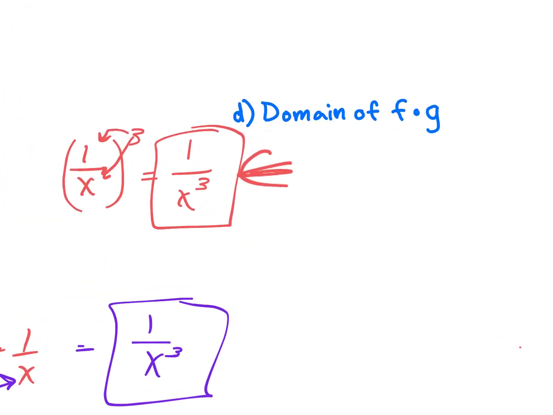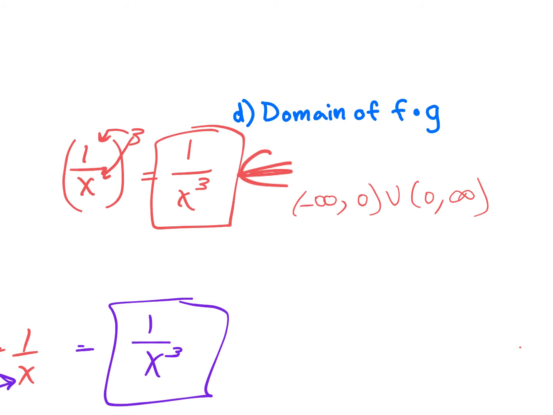The denominator cannot ever be 0, correct? So what number would make my denominator 0? 0. So for my domain, it would be anything in the entire world except for 0. Anything positive, anything negative, I can plug in there. I just can't use 0.